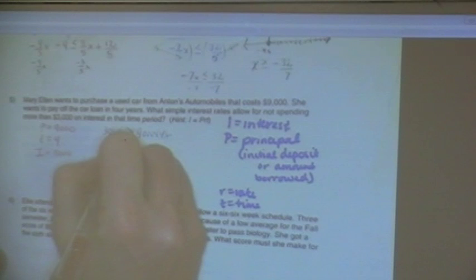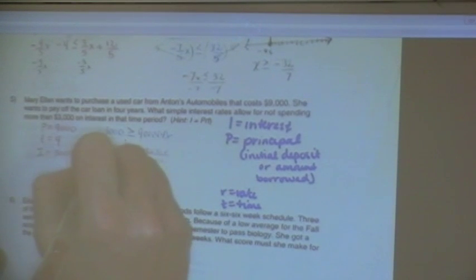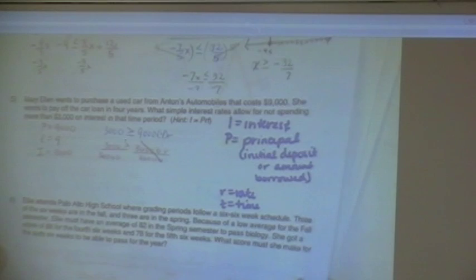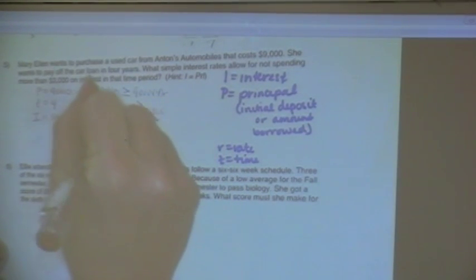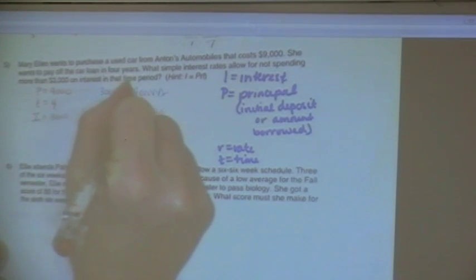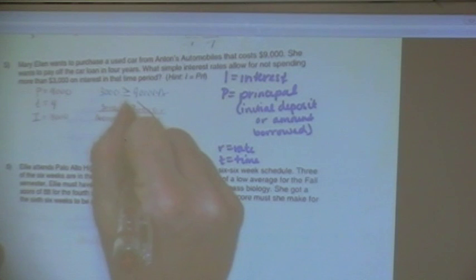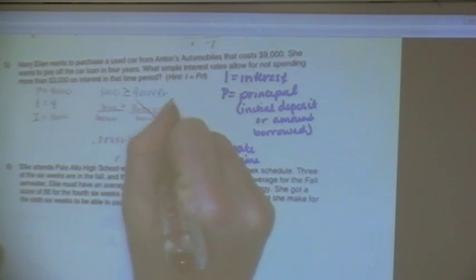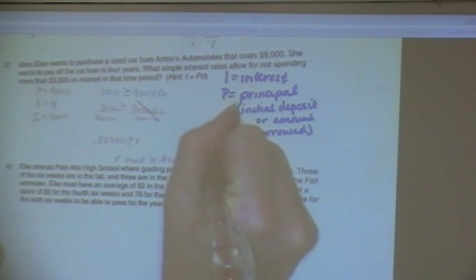3,000 divided by 36,000. Put it in your calculator. Hit the equals button. And get 0.08333, etc., which means the rate must be less than 8⅓%.